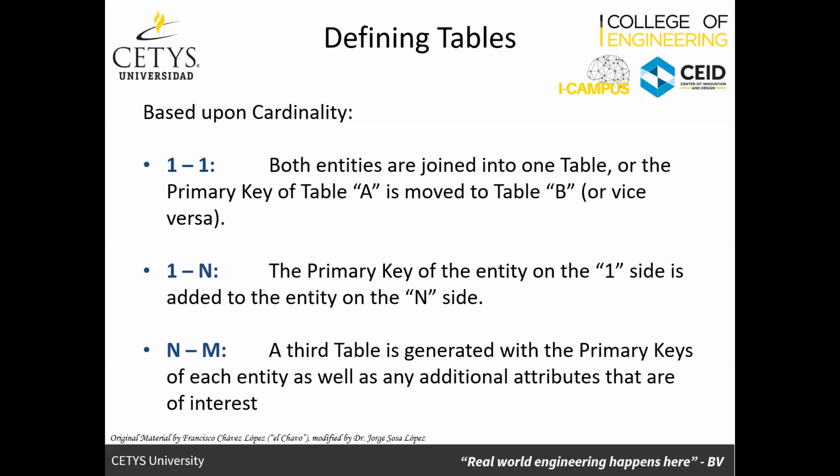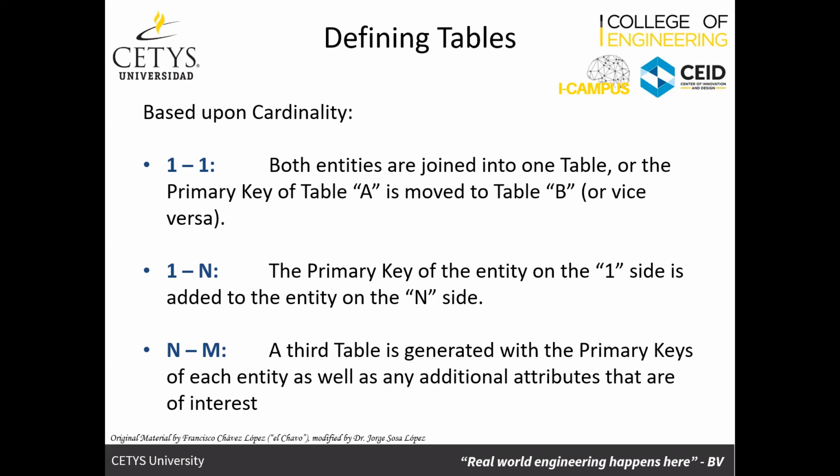Either one would work and would still uniquely identify. So when there's a one-to-one relationship, we're only going to do that. Or we could just join both of them if we want into one larger table. By the way, we're going to be doing a series of exercises of these so we can practice.